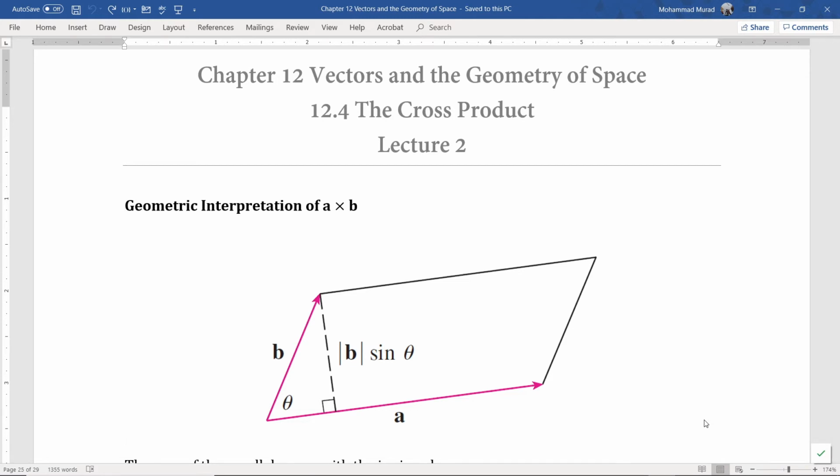In this section, we will discuss a geometric interpretation of the cross product. Let's think we have a vector A and a vector B, and these two vectors form a parallelogram in a two-dimensional plane.